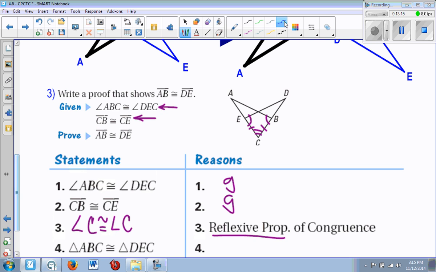So what I'm going to do is outline these two triangles so you can see what congruencies you have when I pull them apart. So here's the blue one, and then I'm going to do one in a different color.